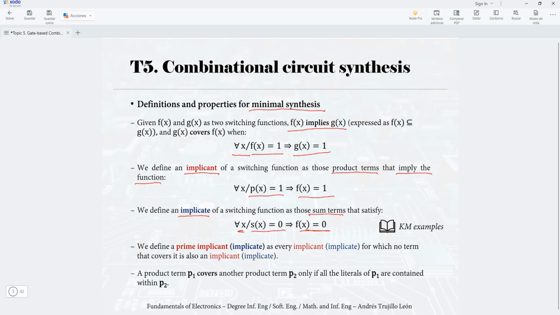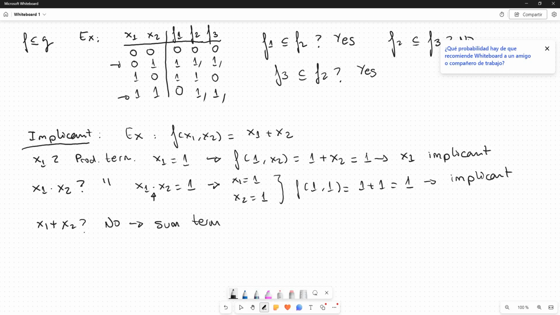So we're going to have always dual definitions. I have used red color for product terms and 1s, blue color for sum terms and zeros for the dual expression. So we are going to see some examples of implicate.